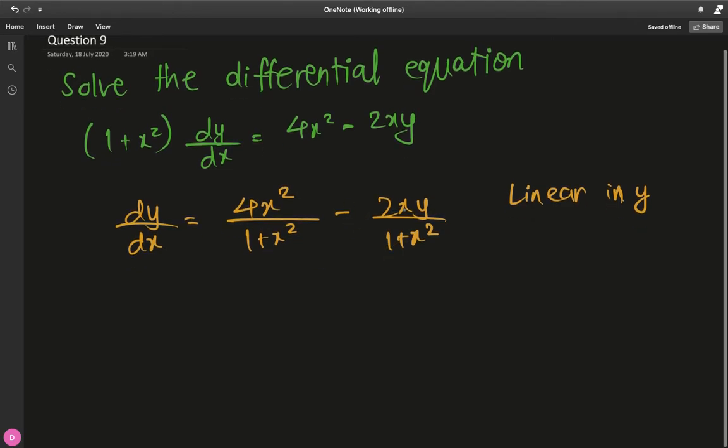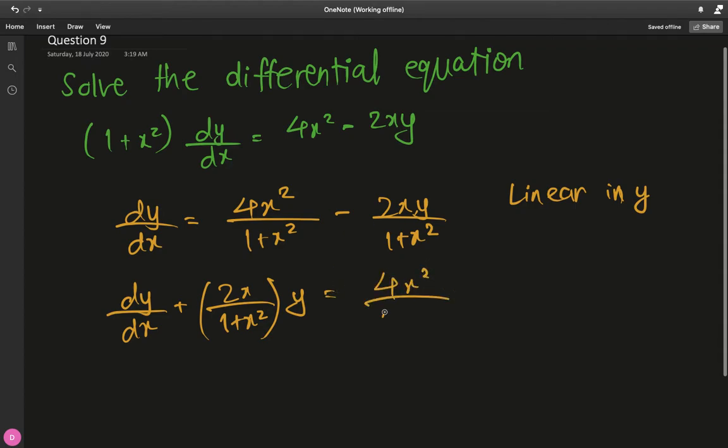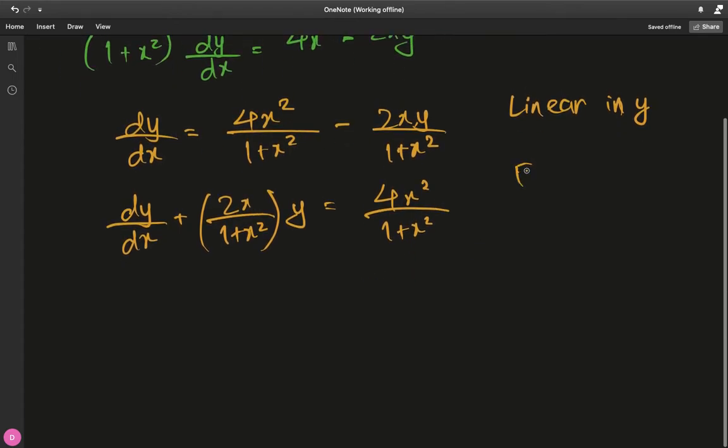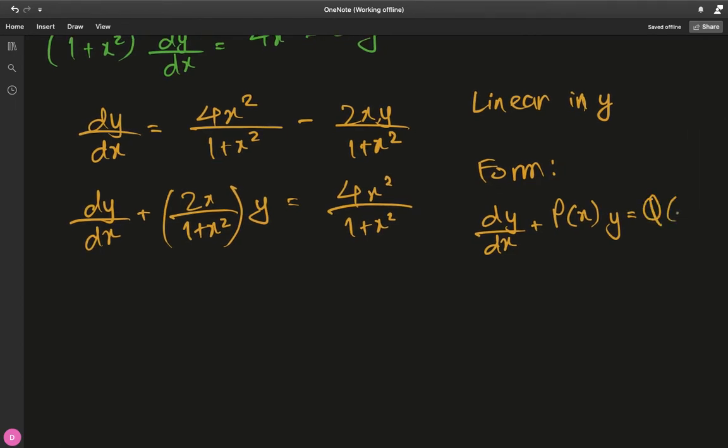Now take the negative term, because that contains a y, on that side. So dy over dx plus 2x over 1 plus x squared, I'm going to write that entire thing multiplied with y, is equal to 4x squared over 1 plus x squared. And this actually fits the form dy over dx plus p, which is a function of x, multiplied with y, is equal to q, that is a function of x.